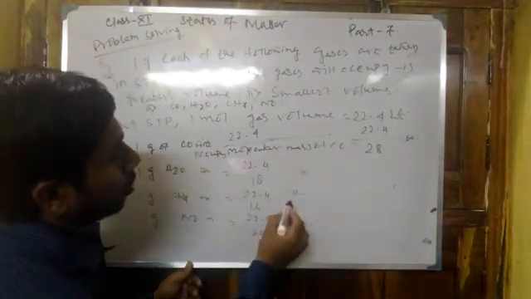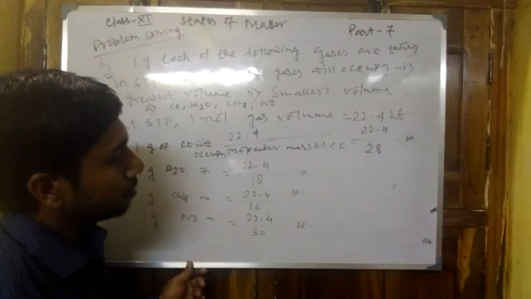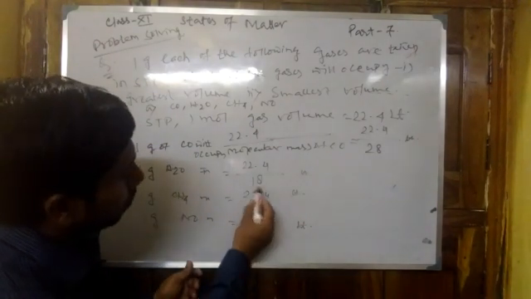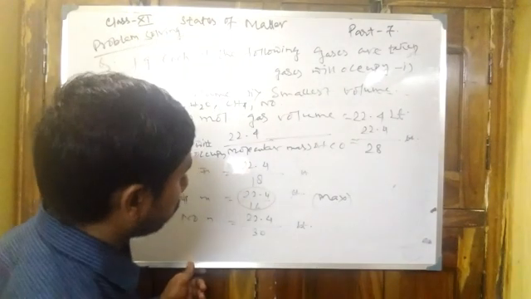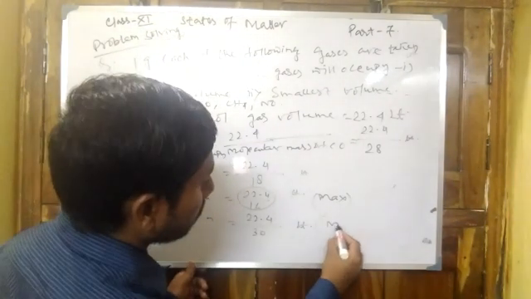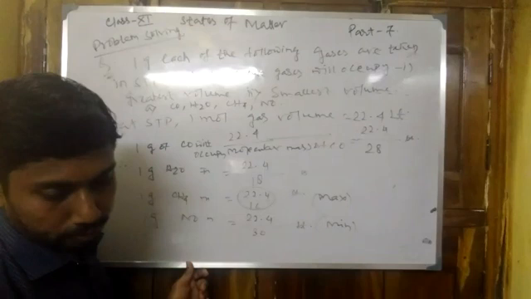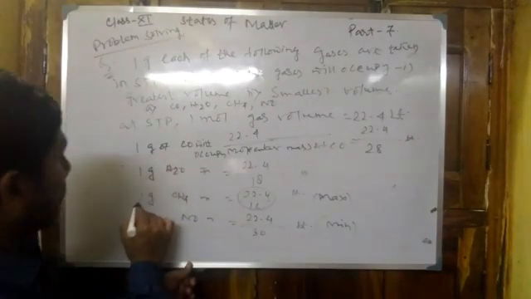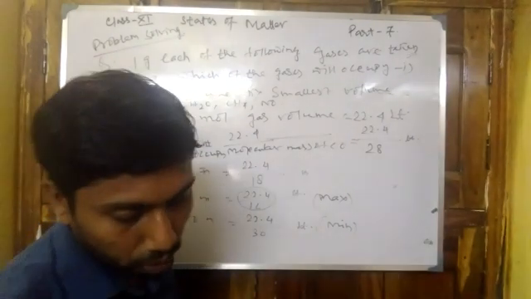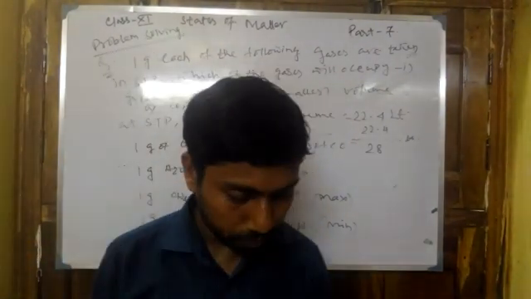So which one will have the maximum volume? That is CH4, and which one the minimum? That is NO. So 1 gram CH4 will occupy maximum volume and 1 gram NO will occupy the minimum volume.